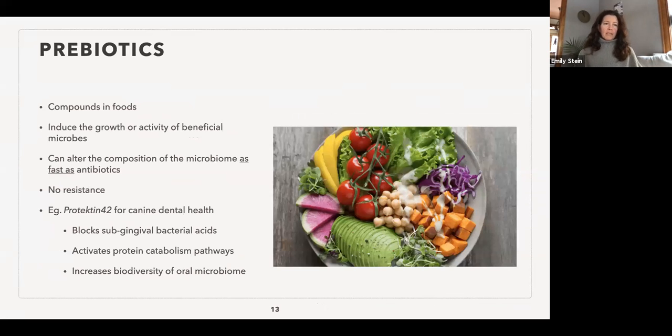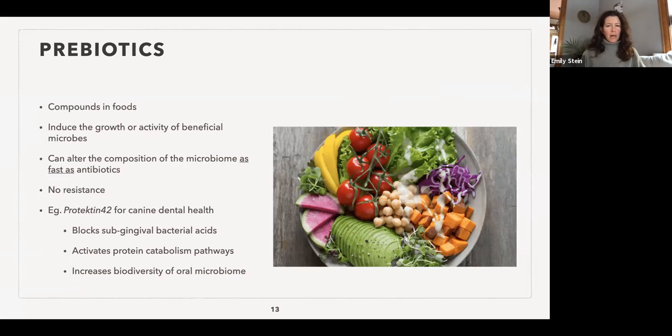So one of the alternatives that are really coming on the market are called prebiotics. So those are actually compounds or nutrients in foods that have a direct effect on a microbiome, not so much the host animal. So they've been studied very well over the past 30 years, I would say, more on the dietary feed side of the equation.